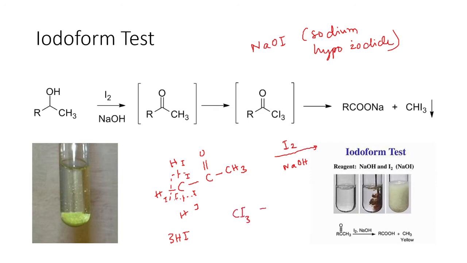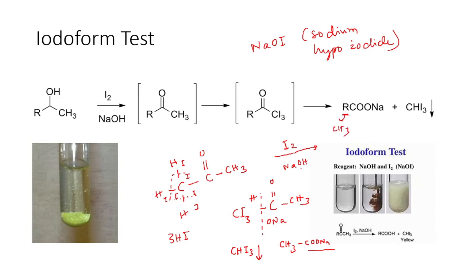Now the NaOH present here will come to here, this is H, here this side ONa, and now we will get CHI3, which is a precipitate, and CH3COONa. If you simply replace R with CH3, you will get such a thing.